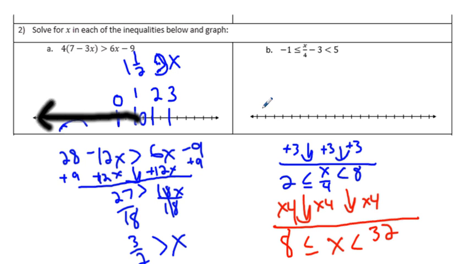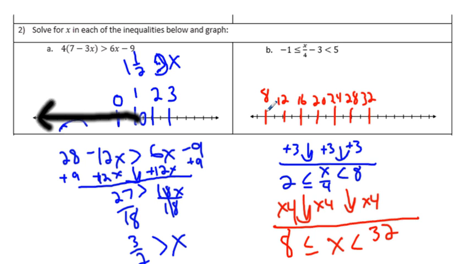So let's put an 8 right here. Now let's count to 10 to make sure we get there. 8, 10, 12, 14, 16, 18, 20, 22, 24, 26, 28, 30, 32, right there.